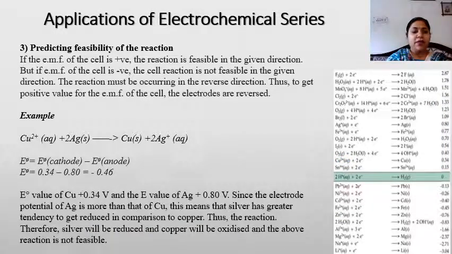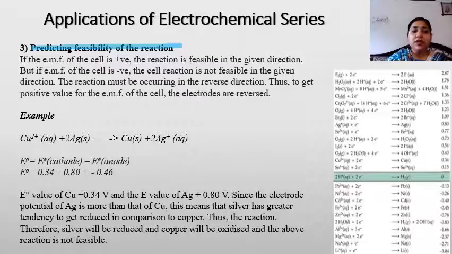Next application is predicting feasibility of the reaction. Means if a reaction is given, we have to determine whether the reaction is feasible or not. That can be determined with the help of the electrochemical series by calculating the EMF of the cell for the respective reaction.